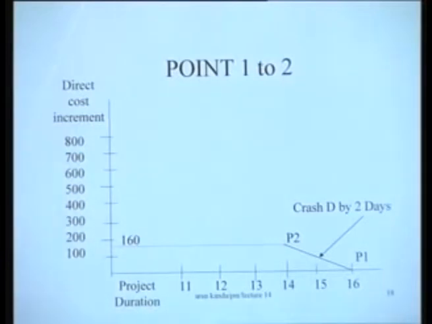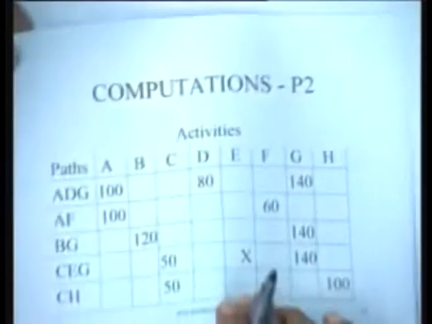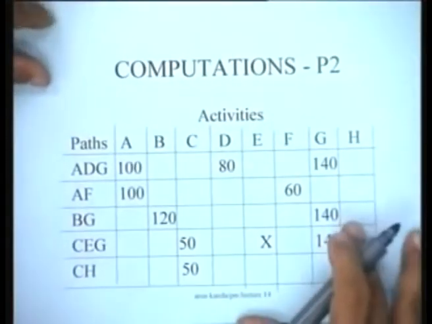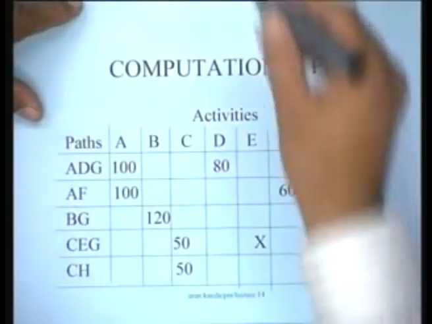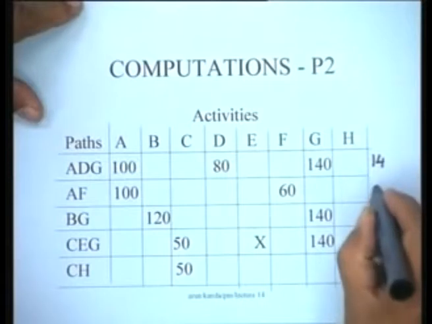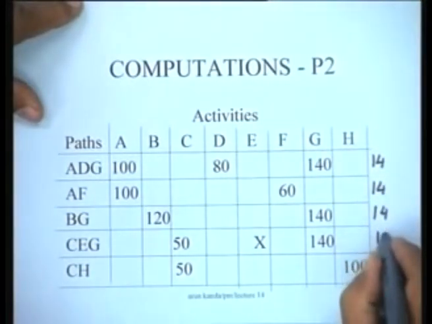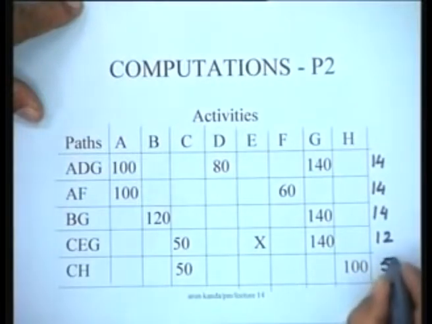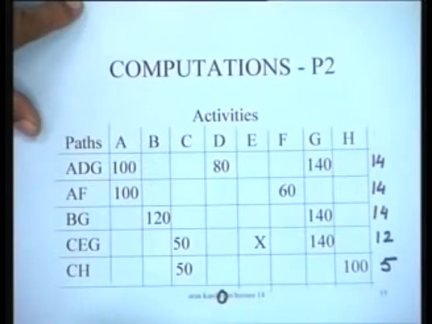Now having done that, we want to find out what we are going to do next. We have moved from point 1 to point 2. So let us try to see what is the status at point 2. Let us update our status. Since D was crashed, this path is 14 days, this path is 14 days, this path is 14 days, this path is 12 days, this is 5 days, and since D was crashed, it will not be possible to crash it further.